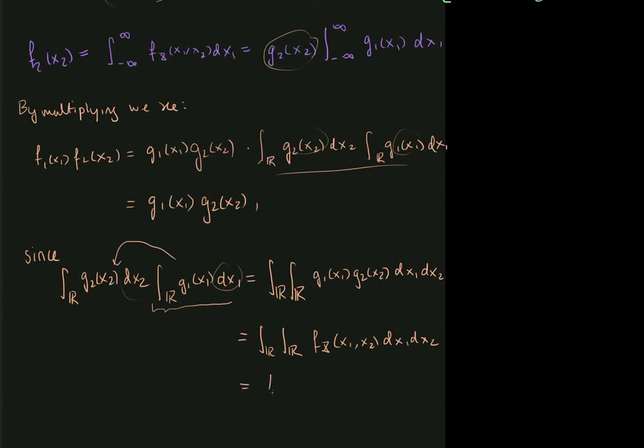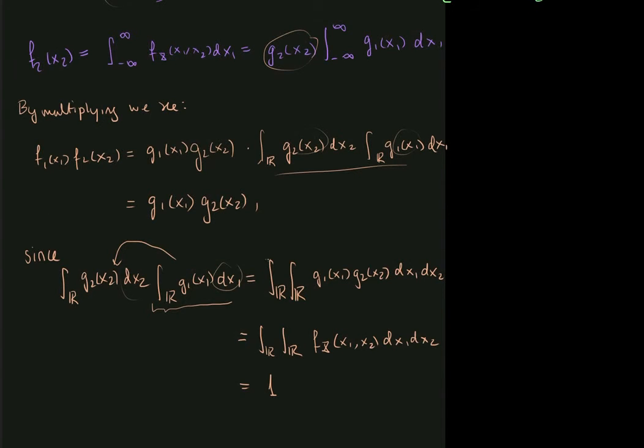And this is just equal to 1, right? Because what we've done is we've taken a bivariate density and just integrated it over all the variables. Whenever you take a density and integrate it in all the variables over the real axis, it integrates to 1 because the total probability mass is 1.